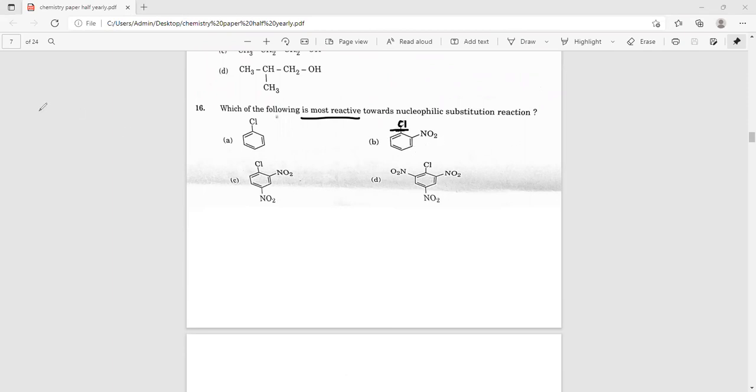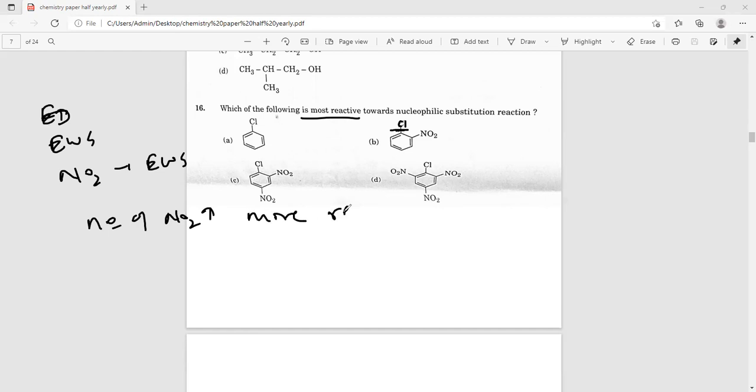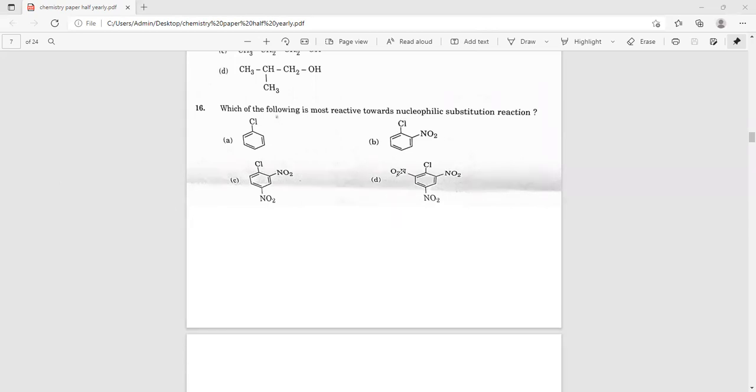So with an increase in the electron withdrawing group, and NO2 is an electron withdrawing group, the greater the number of NO2 groups, the more the reactivity, because they withdraw the electron from this compound.